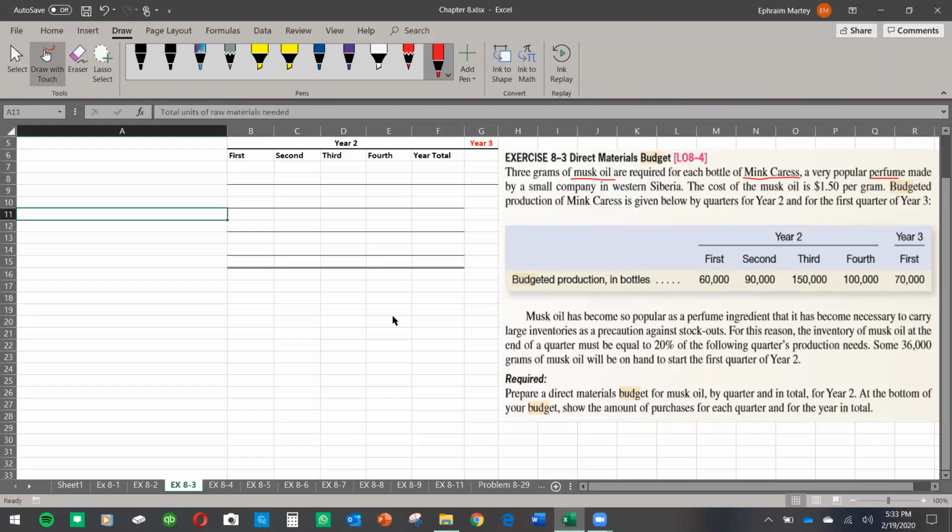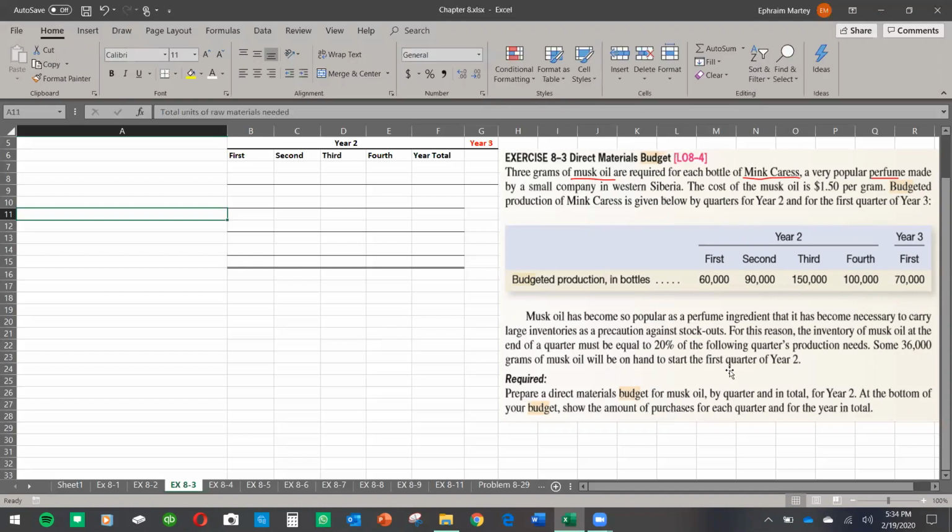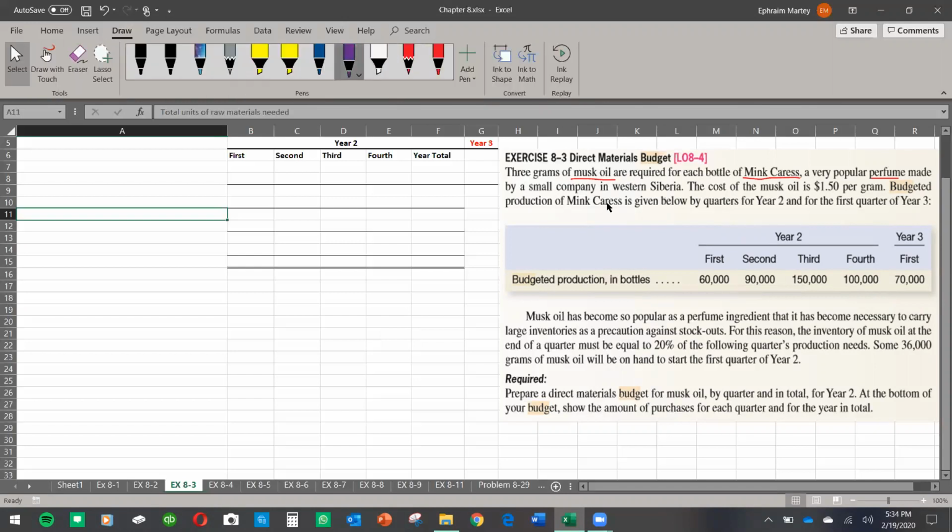We have been asked to produce a direct material budget for this company. They have already gone through the first year, so all we need is to produce for them the second year direct material budget.